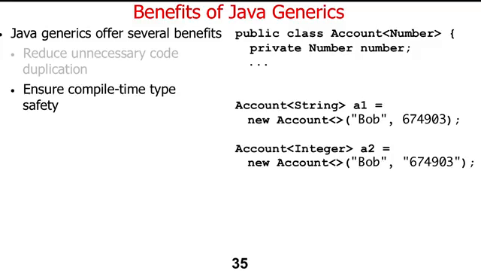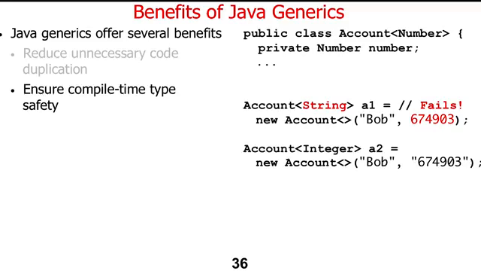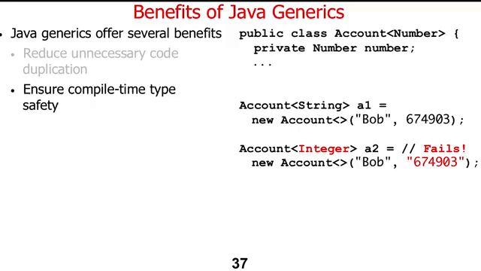Another benefit of Java generics is that they ensure compile time type safety when operating on different types of ADTs. For example, an account object parameterized with the string ADT will not accept a value of type integer. Likewise, an account object parameterized with the integer ADT would not accept a value of type string.